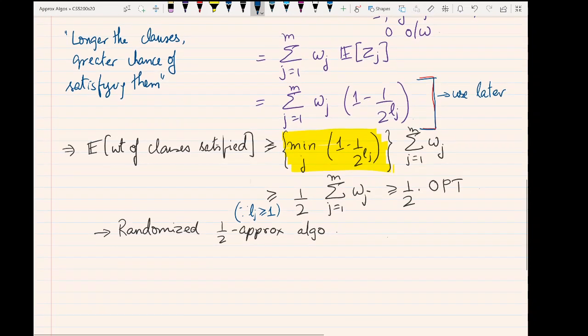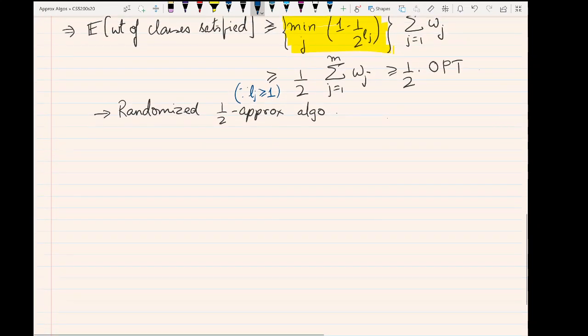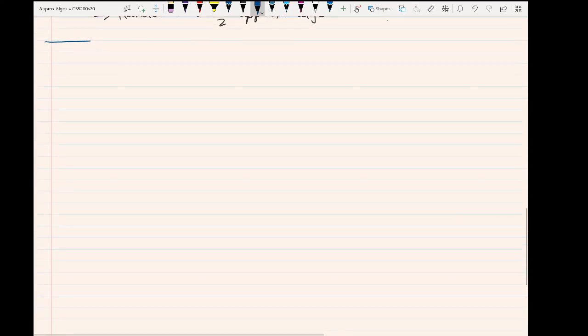Now, we will look at another algorithm, this time based on linear programming. So the first step, as always, is to write down an LP relaxation for the problem.